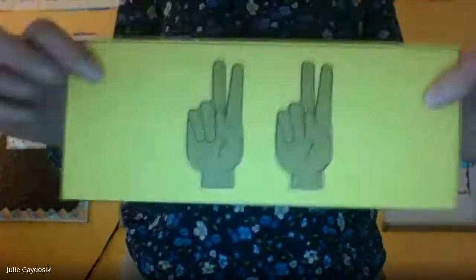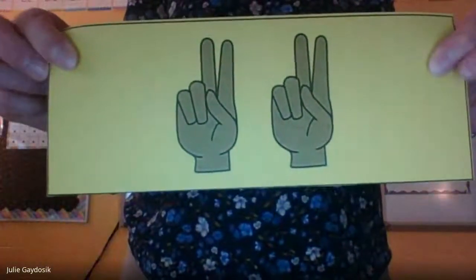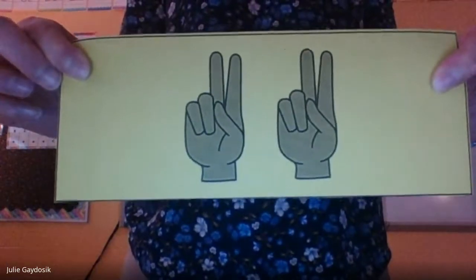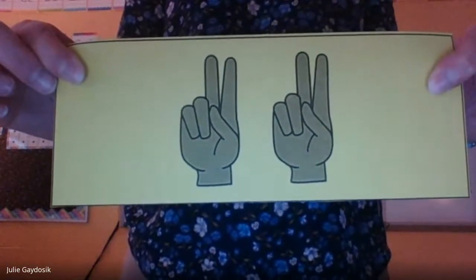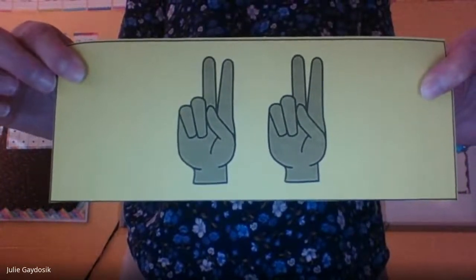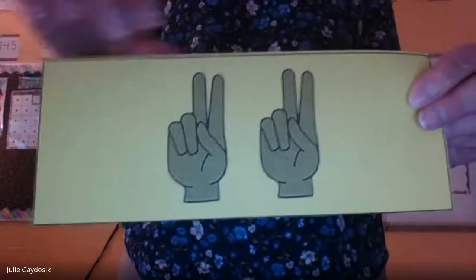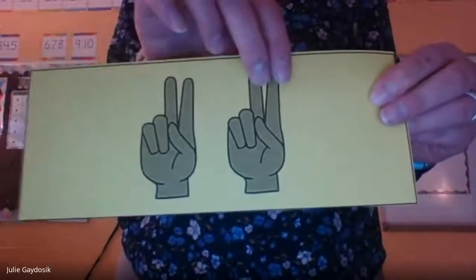We are going to look at this card right here. Let's think of some ways we can count these fingers. One way I thought I could count these is to count by twos. There's 2 over here and 2 over here.